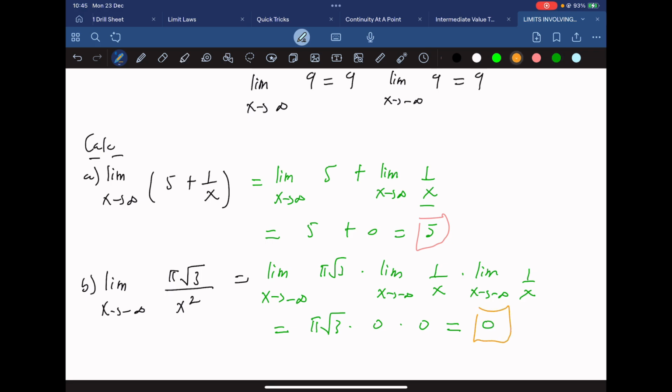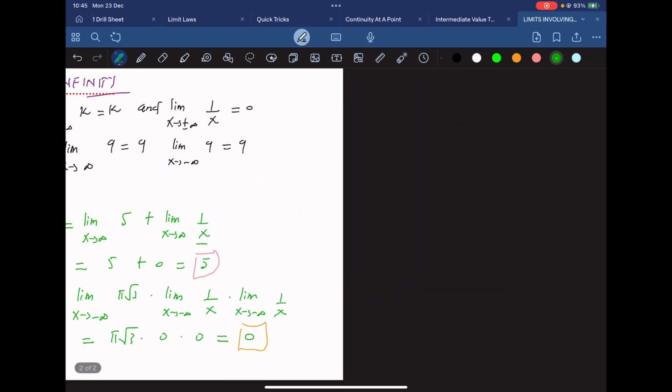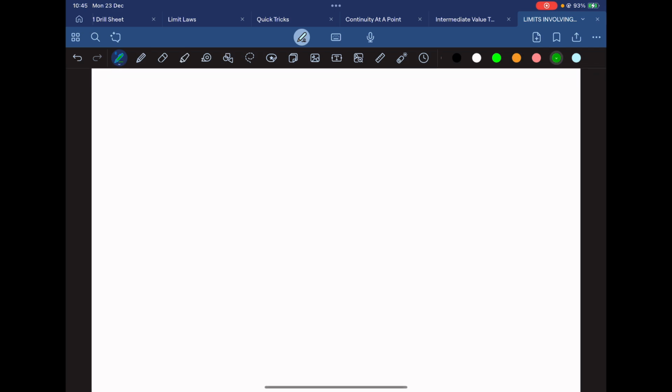One thing that you have to notice, in fact, if you take the limit as x approaches plus or minus infinity of 1 over x to the exponent of n, this will always be equal to 0 for any n greater than 0.